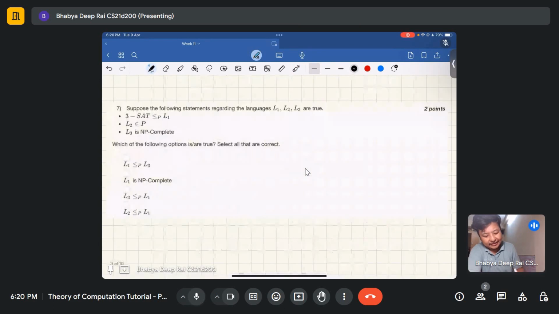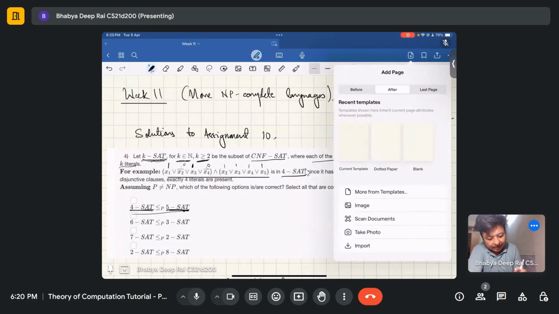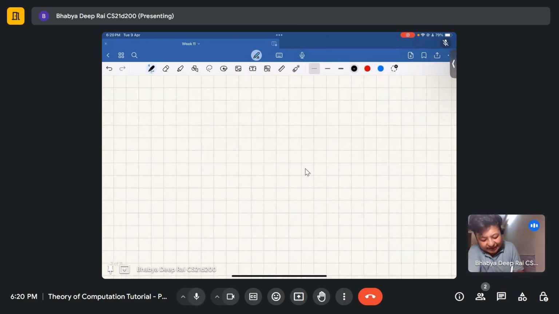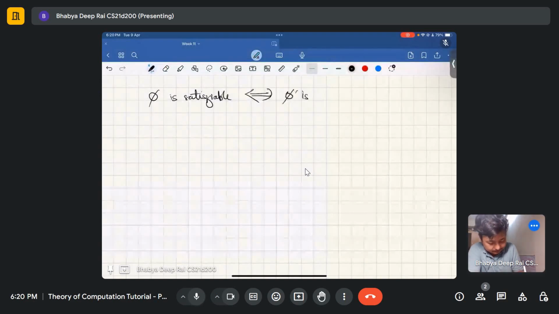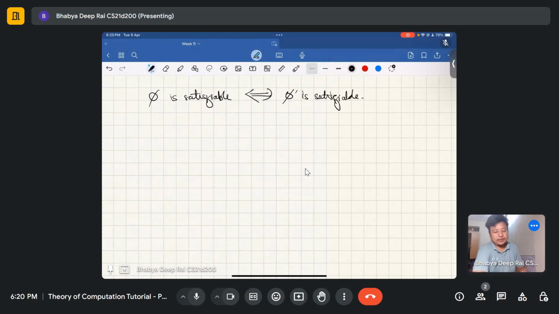We can clearly see that phi is satisfiable if and only if phi prime is satisfiable. Okay.